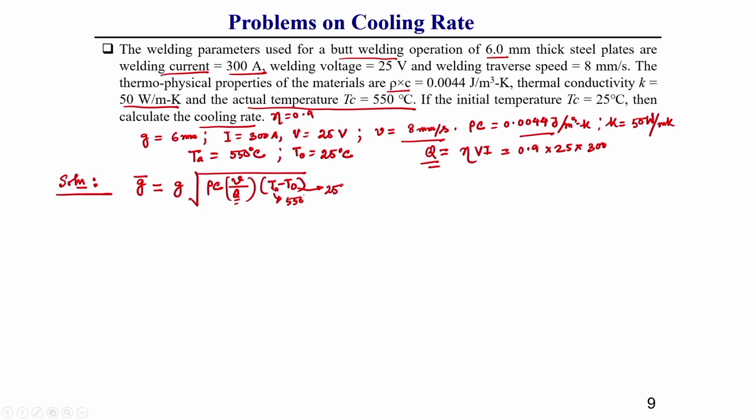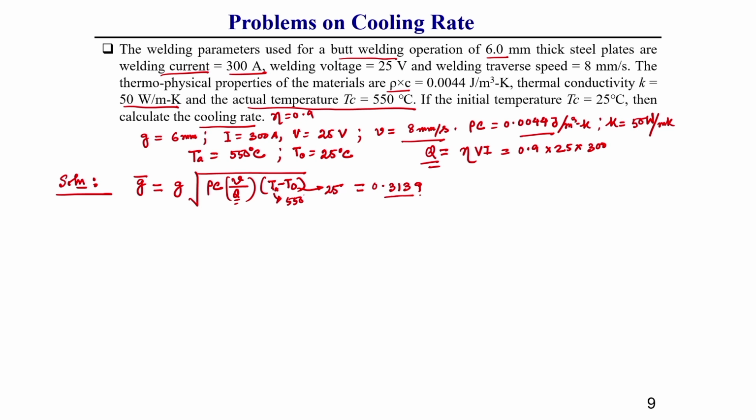By putting in all these values, you will get a G bar value, which I am writing directly, equal to 0.3139.